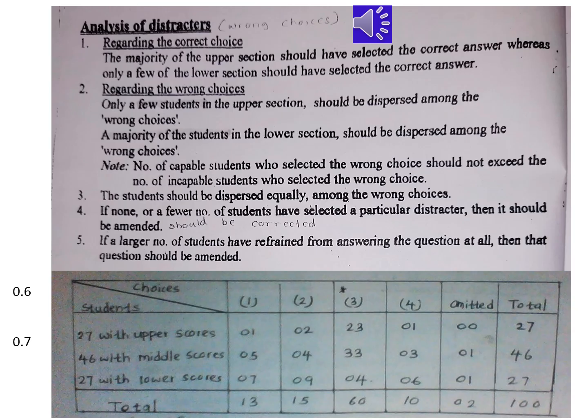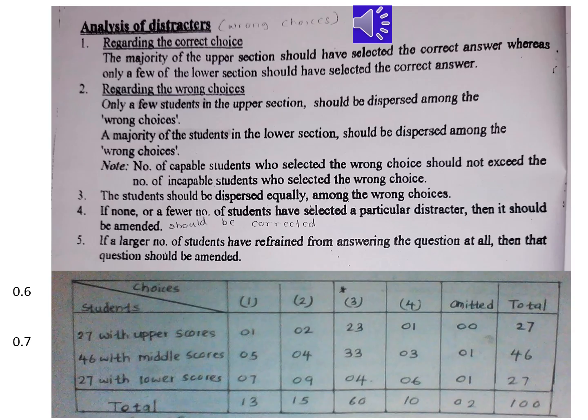Regarding the wrong choices, only a few students in the upper section should be dispersed among the wrong choices. Now go to the wrong choices, that is number 1, 2, 4. Only a few of the clever students should be dispersed in the wrong choices. It's correct now: 1 child, 2 and 1. So that part is also correct. Second one, a majority of the students in the lower section.